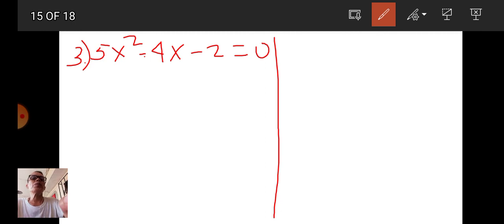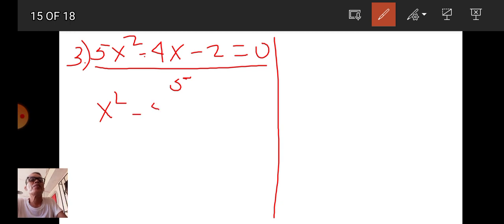Since a is not equal to 1, the first thing that you are going to do is to divide all the terms by 5. So the equation becomes x squared minus 4 over 5x minus 2 over 5 equals 0.